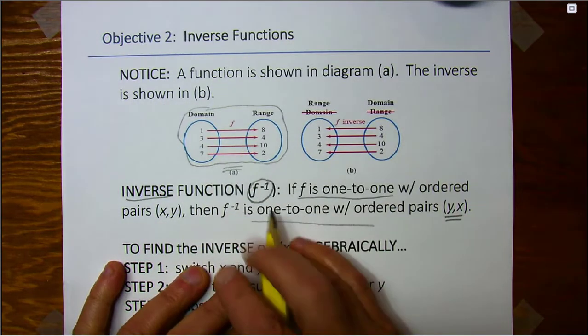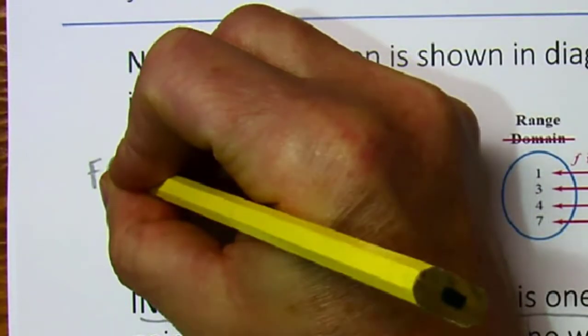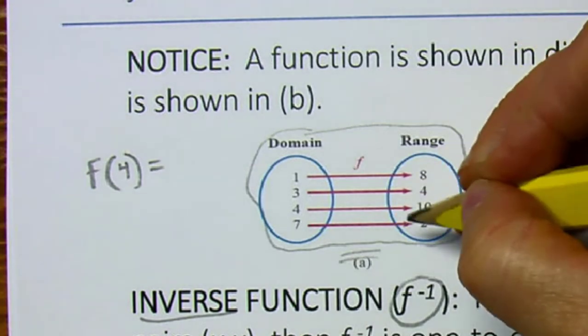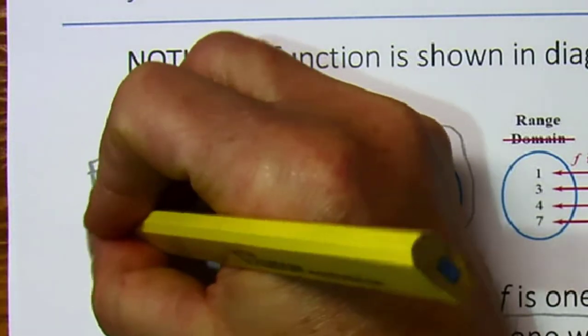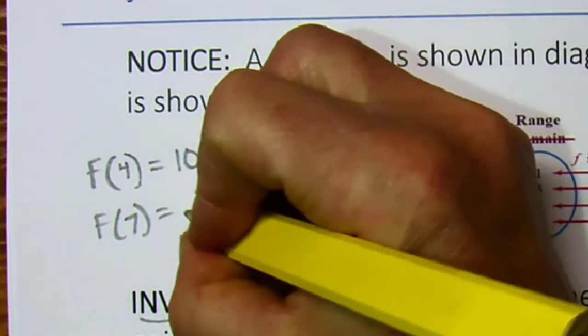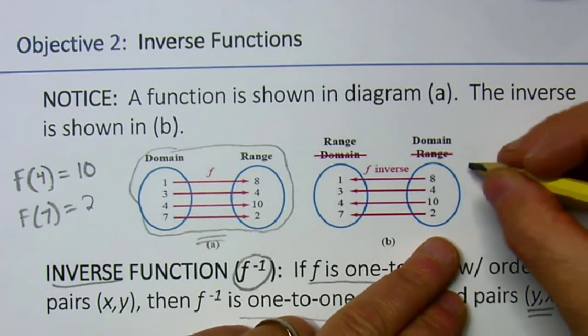For this function on the left, we could say that f of 4 is equal to what? Well, based on our picture, f of 4 is equal to 10. We could also say that f of 7 is equal to 2. Well, then it must be true that the inverse function does the opposite.